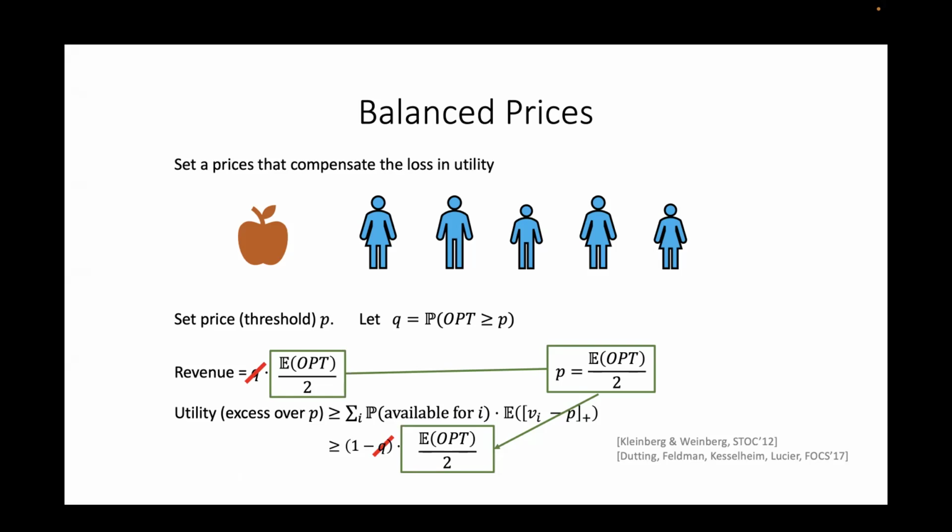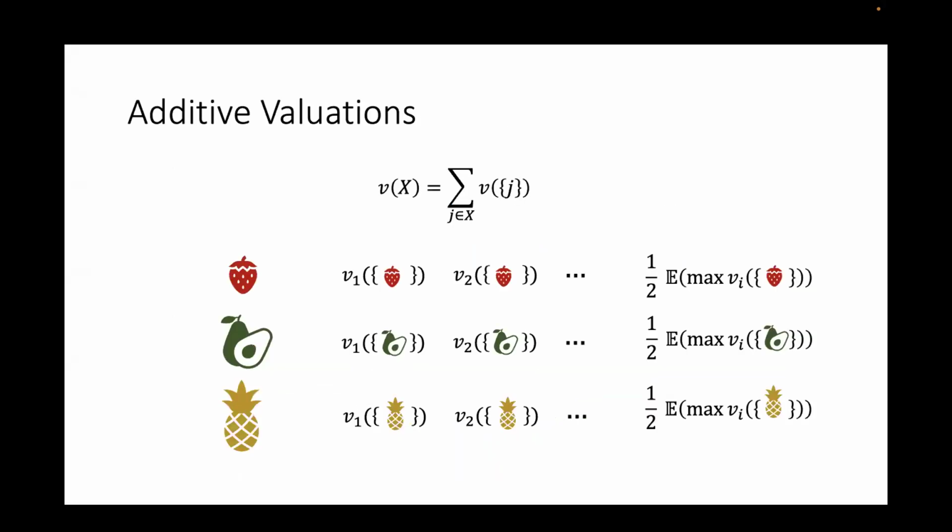So that's for a single item. How can we use this idea with more items? Well, if the valuations are additive, then it's very simple, right? By additive, I mean the valuation can be expressed as a sum over items of a value for each item. I can split the instance into one instance for each item.